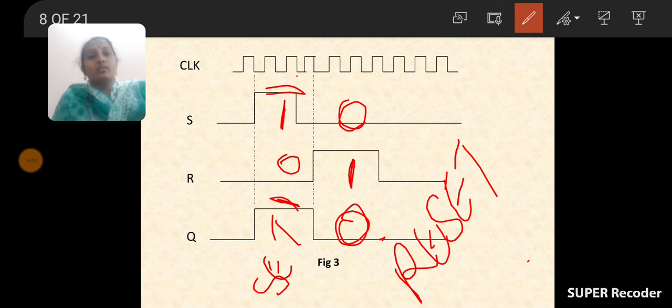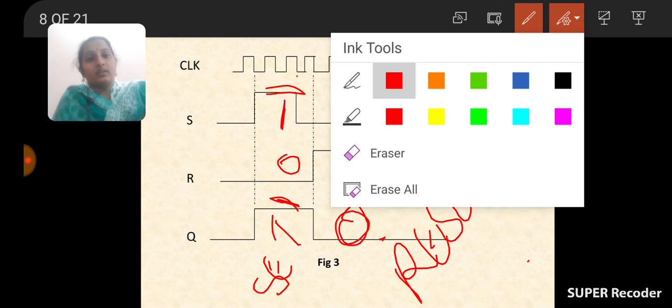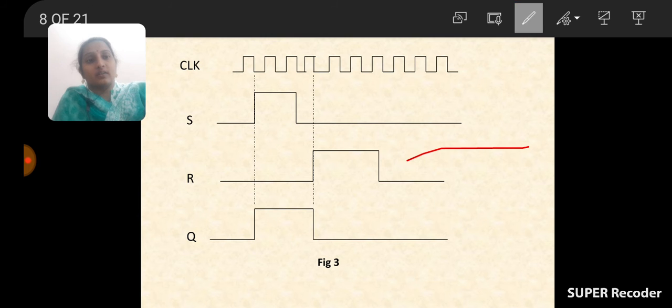So if we apply S is equal to 1, then the normal output Q is equal to 1. That state is called set condition. If S is equal to 0 and R is equal to 1, then we are getting normal output equal to 0. This condition is called reset condition of the flip-flop.